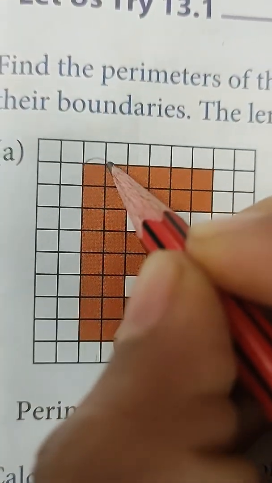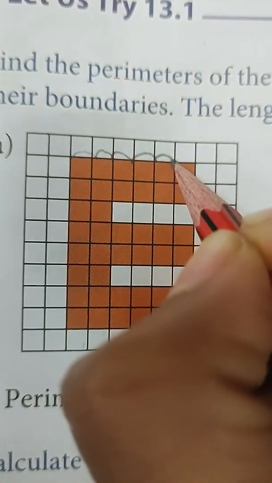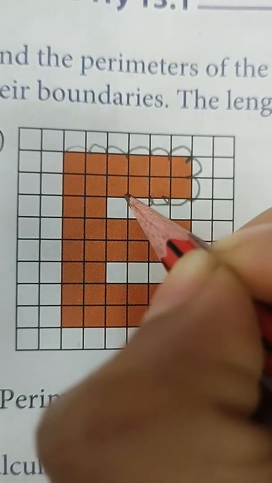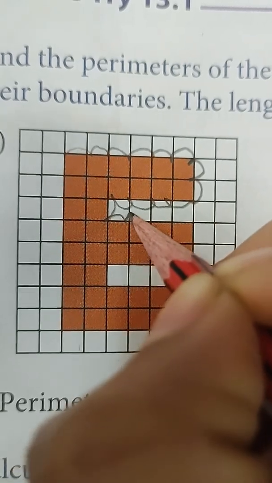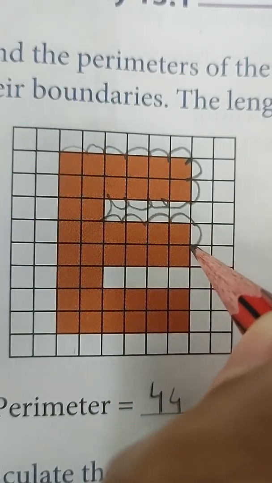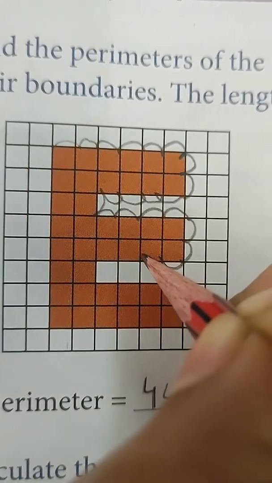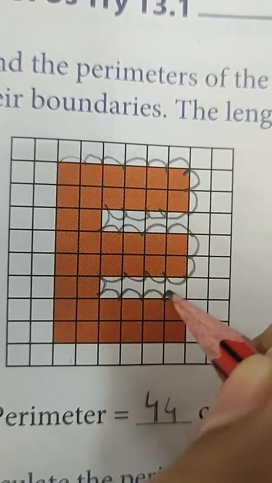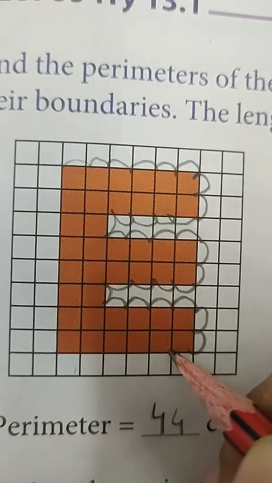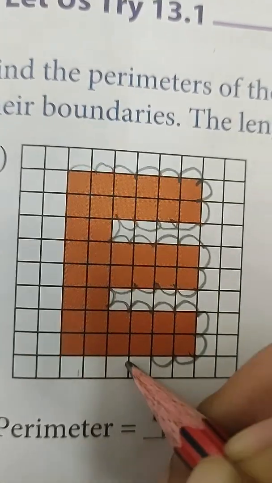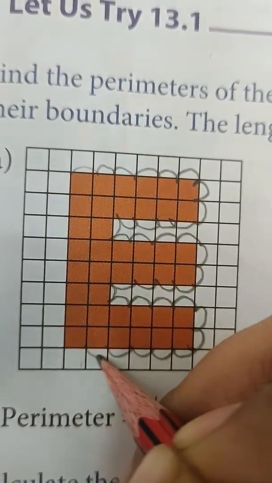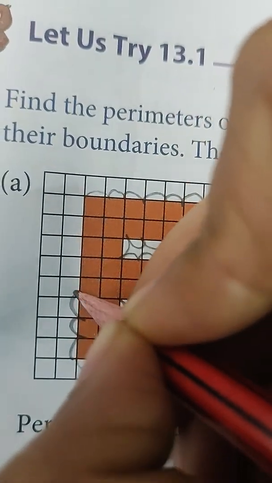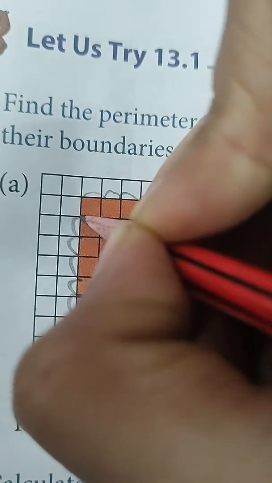You just have to count it: 1, 2, 3, and so on, up to 44.